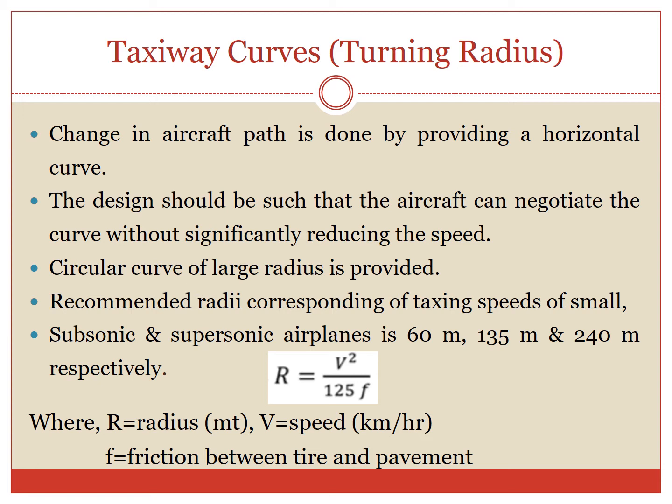So the radius of the circular curve is obtained by the equation R equals V square divided by 125F, where R is the radius of curve in meters, V is the speed of an aircraft in kilometers per hour, and F is the coefficient of friction. F is a constant having a value 0.13.